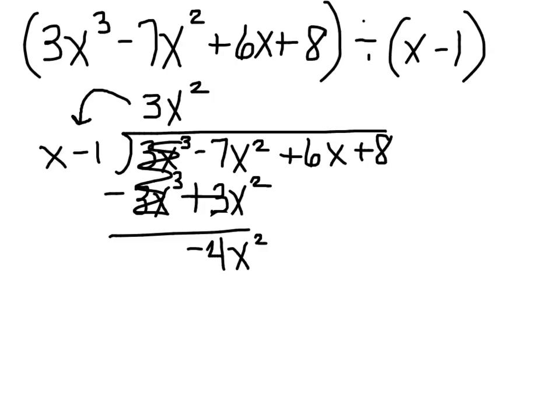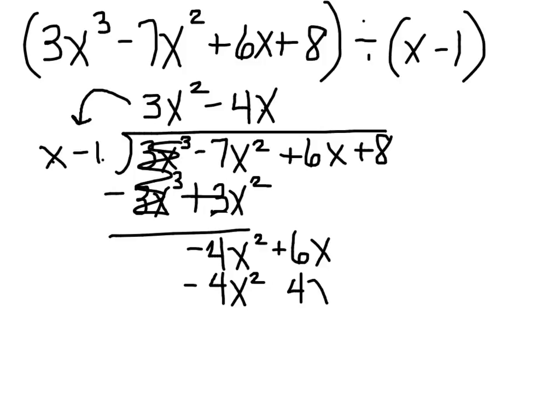Remember when I said it was just repeating the process? So, what times x gives me negative 4x squared? Negative 4x, good. Negative 4x times x is negative 4x squared. Negative 4x times negative 1 is positive 4x. Draw your line, switch your signs, add straight down.